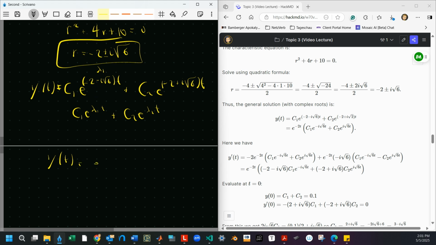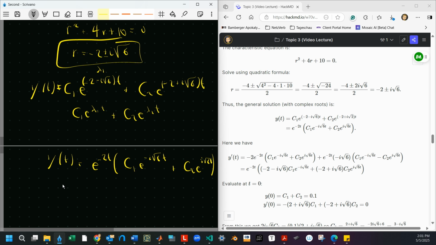So this is e to the minus 2t, times C1 e to the minus i root 6 t plus C2 e to the i root 6 t, like that.